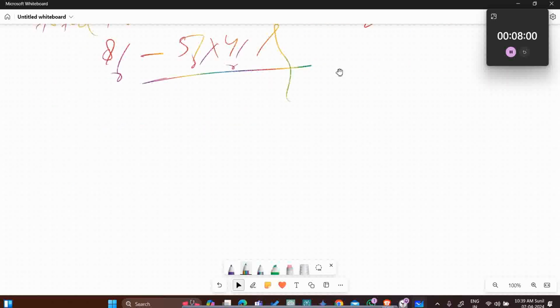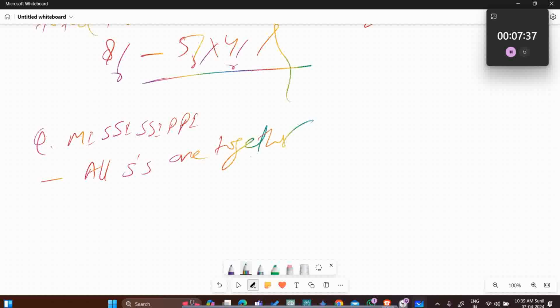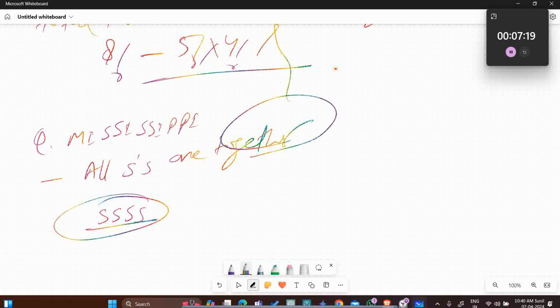Next word is Mississippi. All S's are together. So all S's together is S, S, S and S, and this is one word.